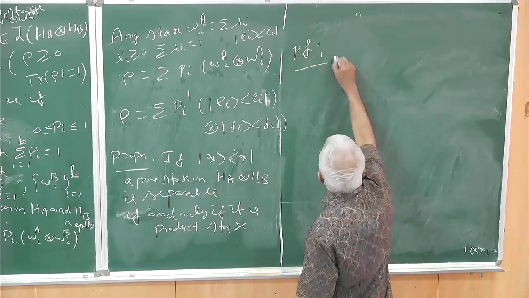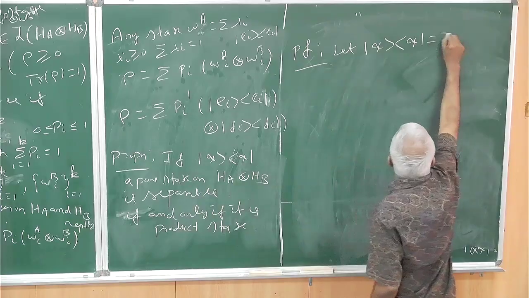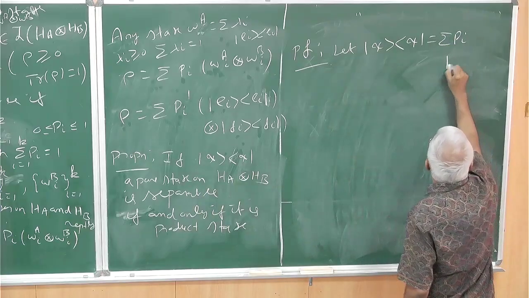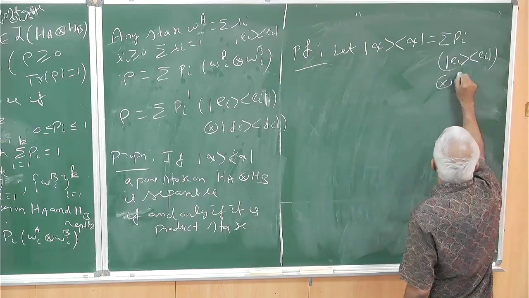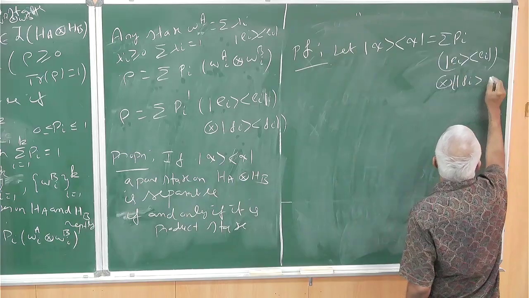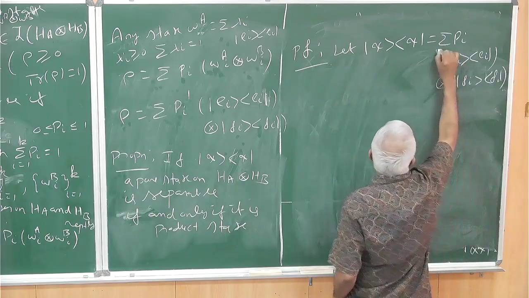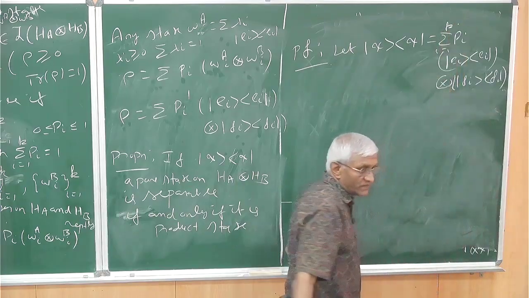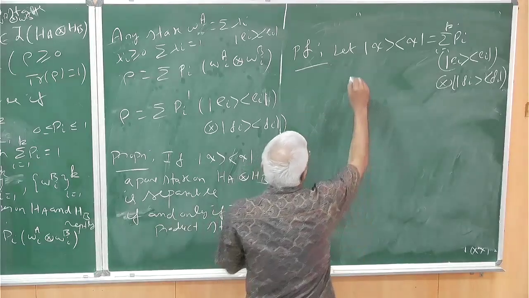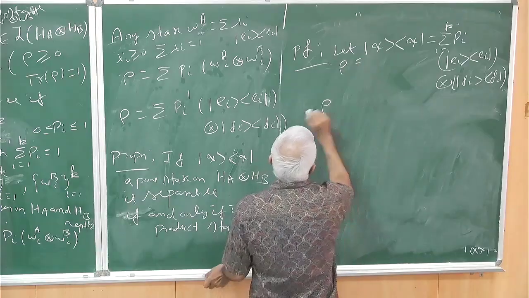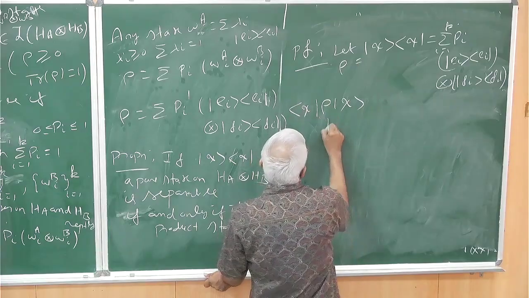So suppose let chi equal to summation p_i times e_i tensor f_i, i equal to 1 to k, whatever. Now you take the inner product with this. This is equal to rho. Now you take rho with chi itself, equal to 1, of course.